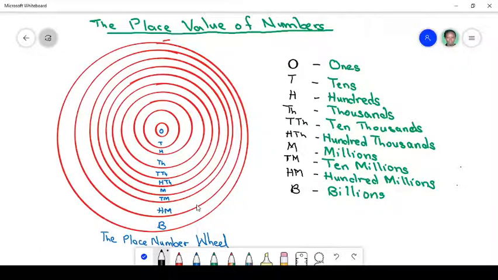So if I have the place number wheel, this looks like a wheel. We are saying you have your ones. So from the smallest to the greatest, you have ones, tens, hundreds, thousands, 10,000s, 100,000s, millions, 10 millions, 100 millions, and billions.